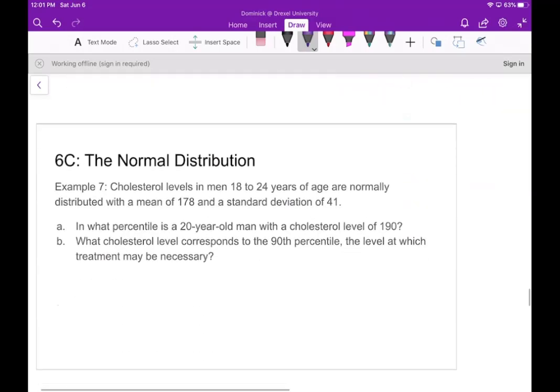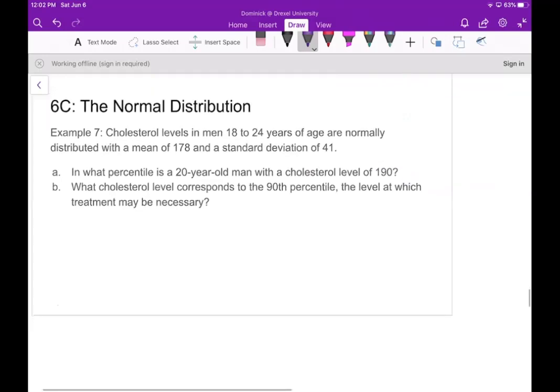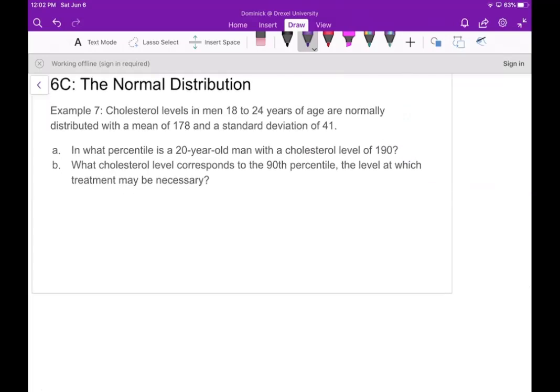So let's look at an example of that. Now cholesterol levels in men 18 to 24 years of age are normally distributed with a mean of 178 and a standard deviation of 41. So we want to know in what percentile is a 20-year-old man with a cholesterol of 190. Okay, so the first thing we need to do is find the z-score.